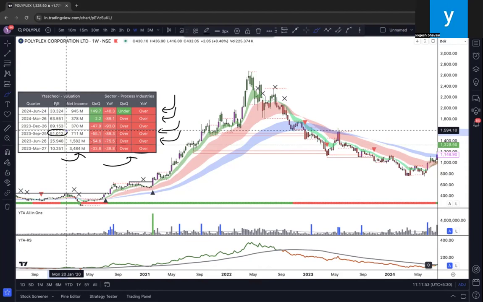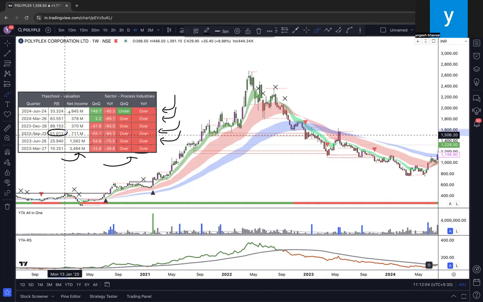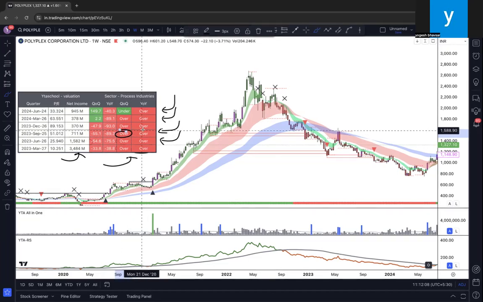If the company is making losses and it is increasing its valuation, how can you buy just because the stock came from 3,000 to 800 rupees? That is a wrong way of trading. So my valuation system again said you are overvalued. How can you ask so much valuation at a low price and low earnings?